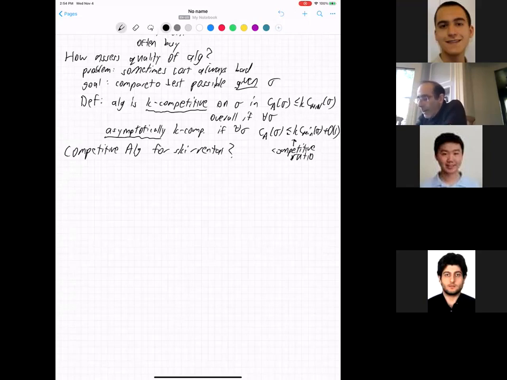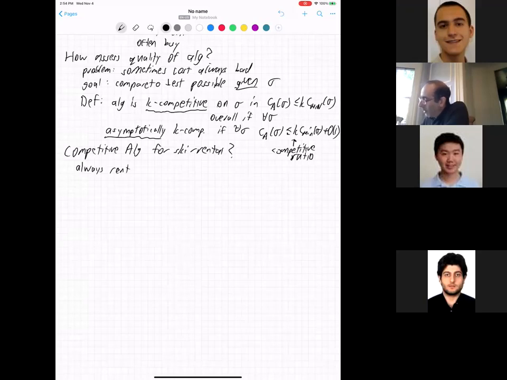So can I do a competitive algorithm for ski rental? Well, we've already started thinking about this, right? So we considered the always rent algorithm. So is the always rent algorithm competitive? No, because your cost could go to infinity.